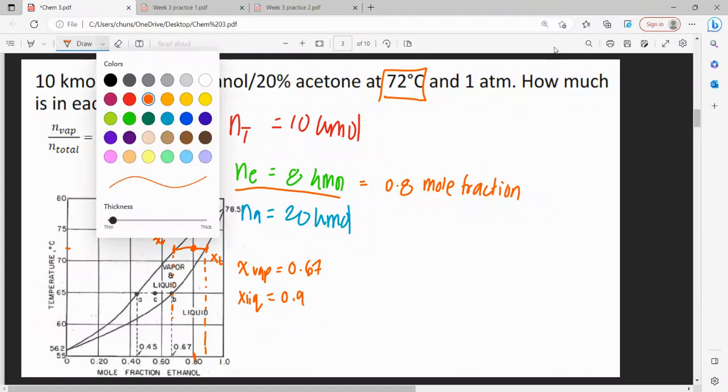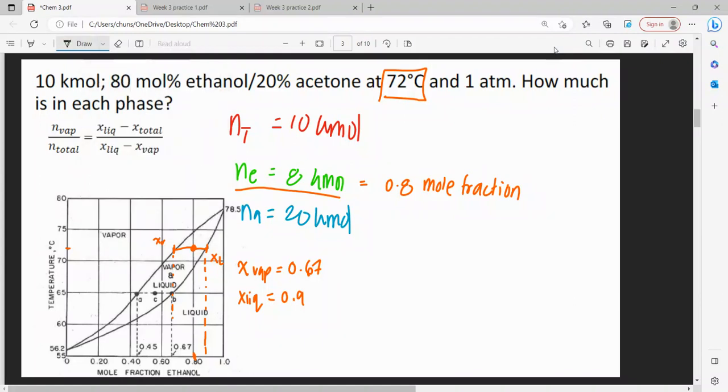So going by our lever rule, we can solve for our composition, let's say if we just focused on ethanol for now, since we readily have that information available, since we are using our ethanol mole fraction to find our different compositions. In our vapor phase, we're not sure, but we know our total moles.